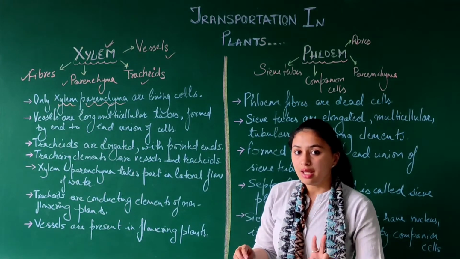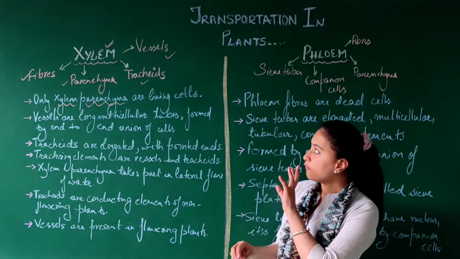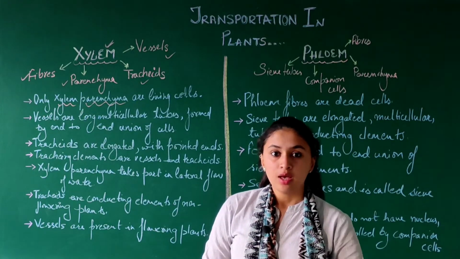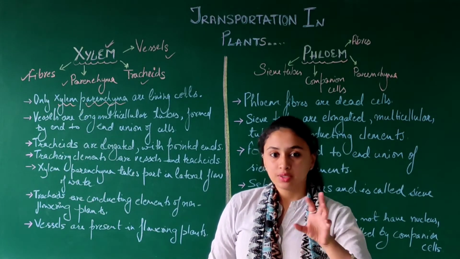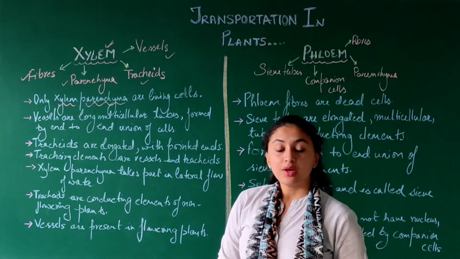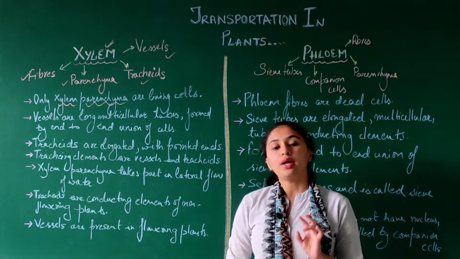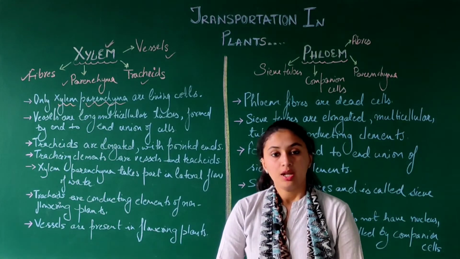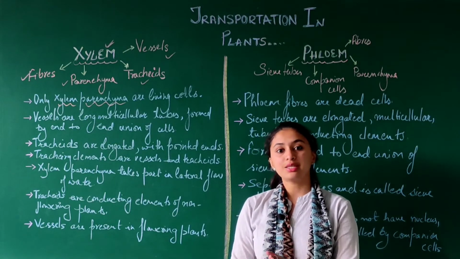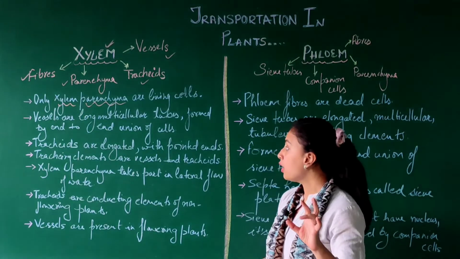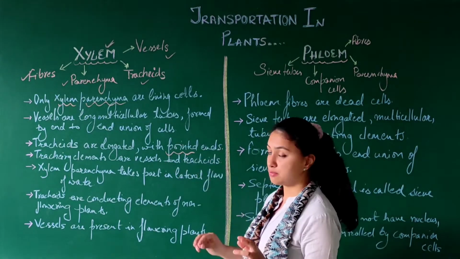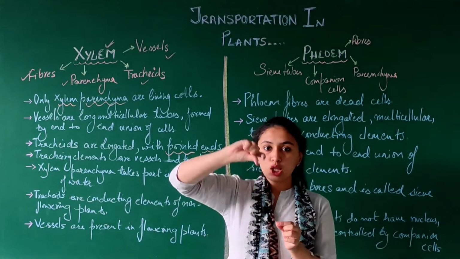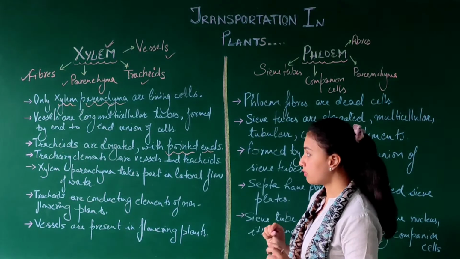Others are dead cells. Vessels are long multicellular cells which form a conducting channel, and these are formed by end-to-end union of several vessel cells. Tracheids on the other hand are long and pointed cells, means they have pointed ends, and these are elongated cells.